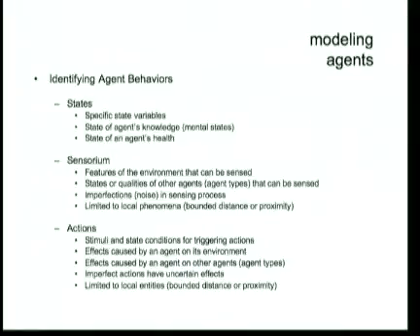And as in the case for sensory apparatus, imperfect actions can have uncertain effects, which you have to capture. And also they can't be effective at anything but local distance. So the effects of action should be limited to local entities, again, bounded distance or proximity, entities in the neighborhood, if you will, of the agent taking the action.